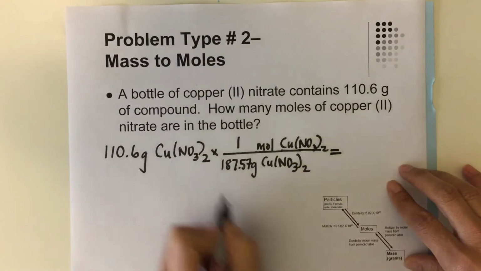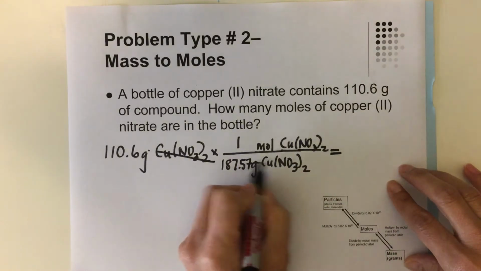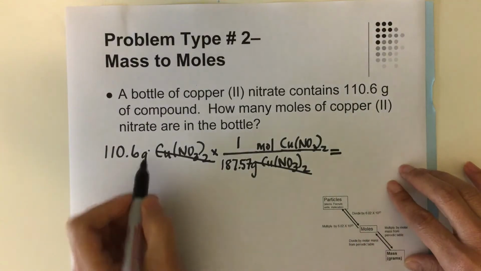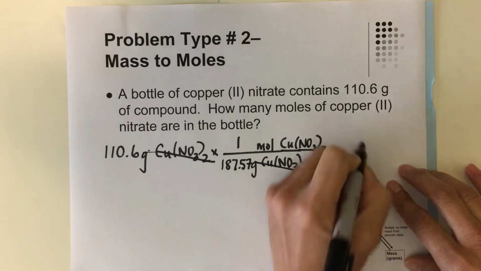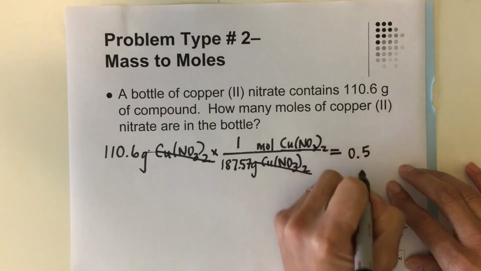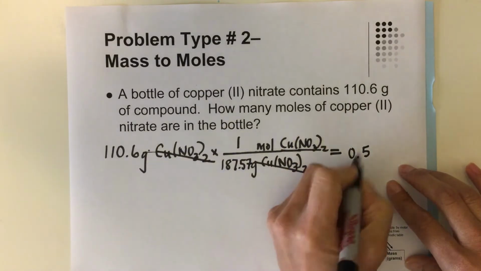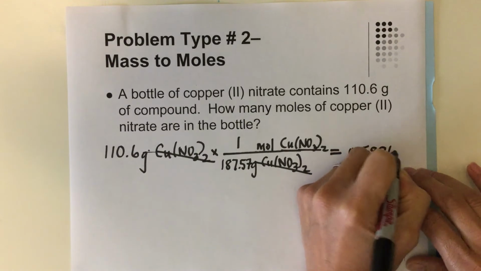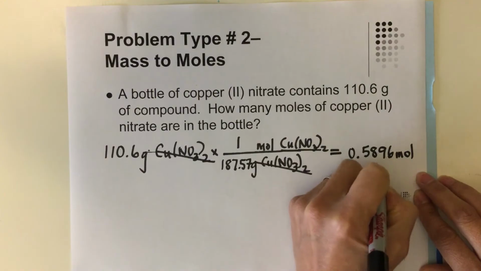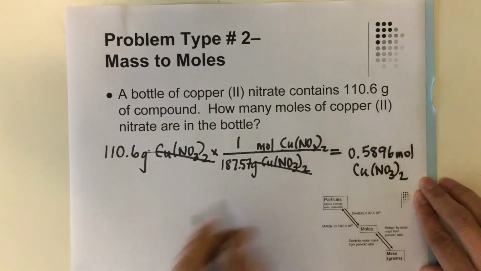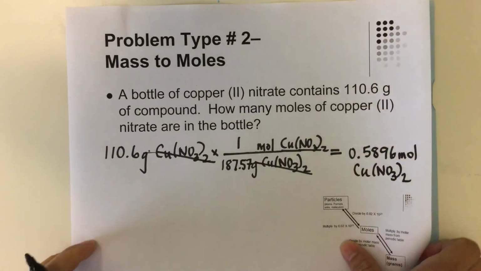Working that out, dividing those numbers together, cross-canceling my units to make sure, I get an answer of 0.5, and there's 4 sig figs here, so 0.5896 moles of my copper 2 nitrate. Okay. So that's type 2 problems, mass to moles.